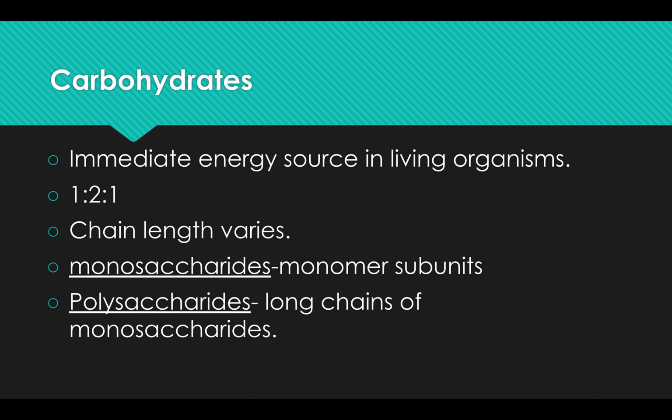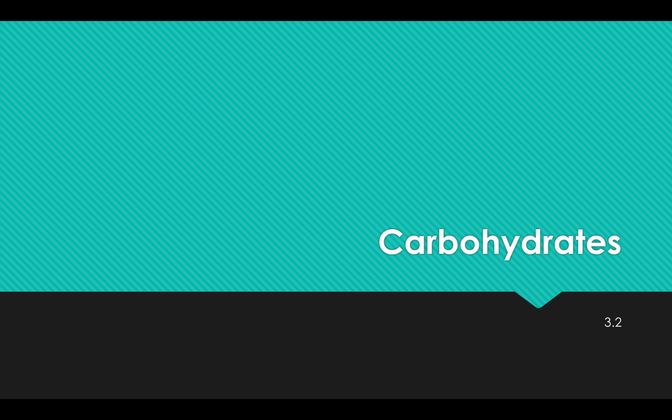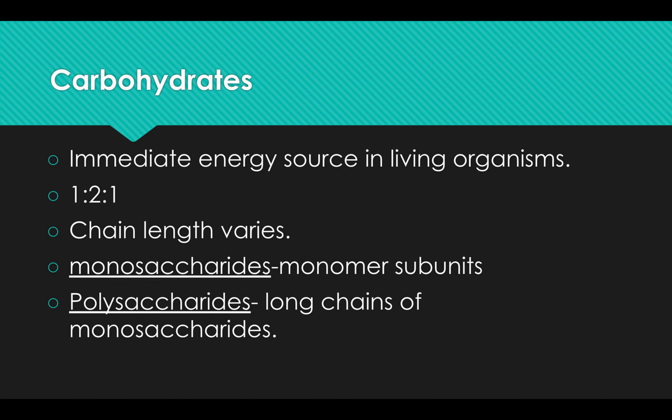All right, so carbs. Please don't think of carbs as bread. Okay? I know it is bread, but we're looking at the molecular structure of it. So carbohydrates are the immediate energy source in living organisms. The ratio for carbohydrates is 1 carbon to every 2 hydrogens to 1 oxygen.